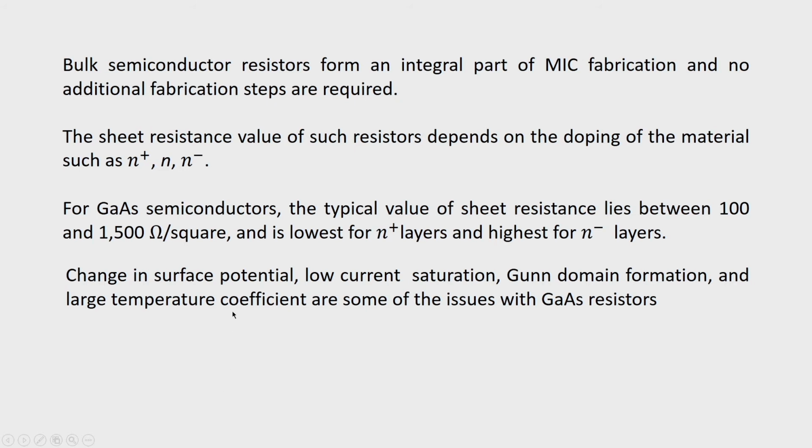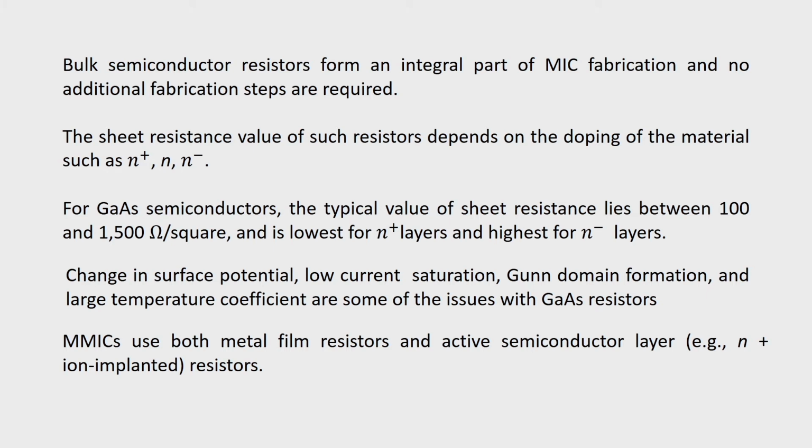So, in gallium arsenide, the saturation level of the current is low, and also if the voltage becomes very high, we know that Gunn diode formation can take place. Temperature coefficient is higher in gallium arsenide.